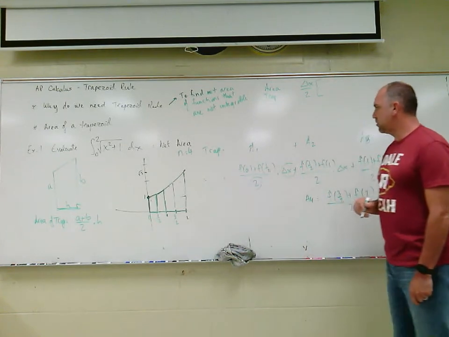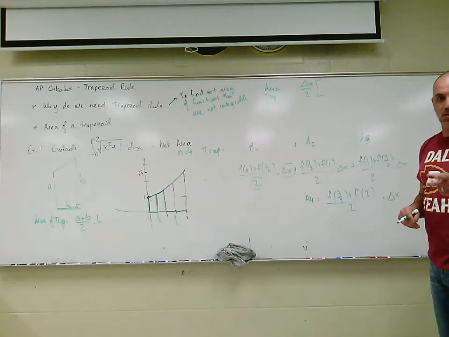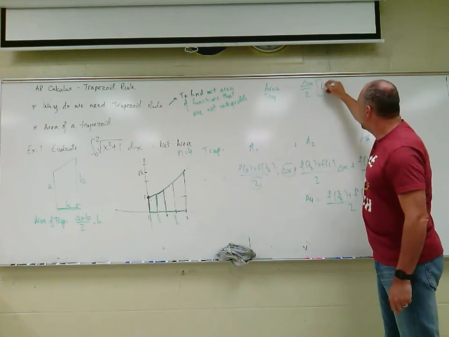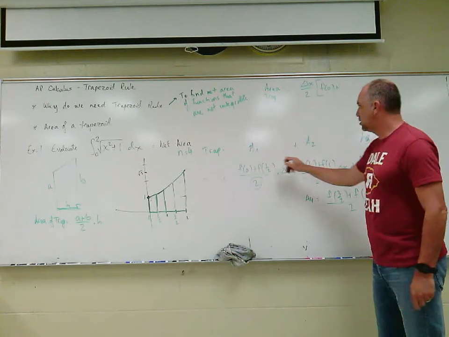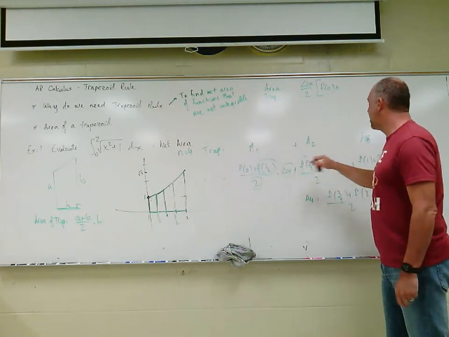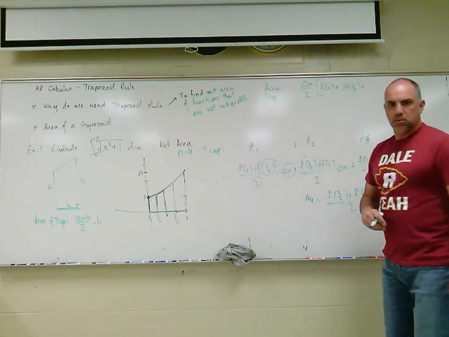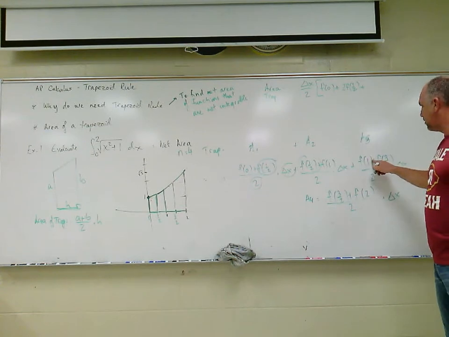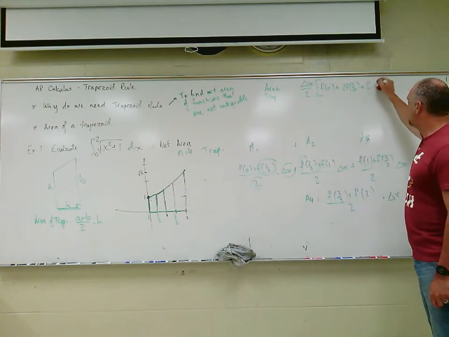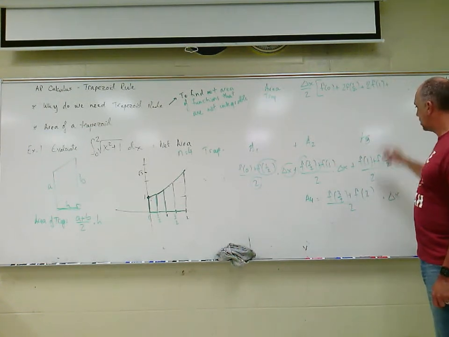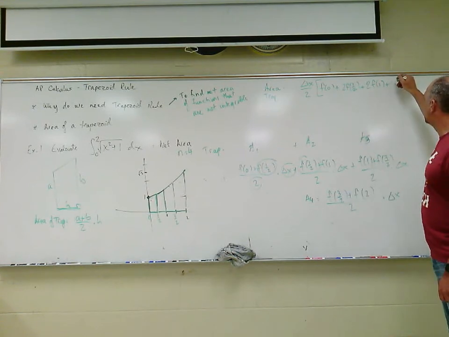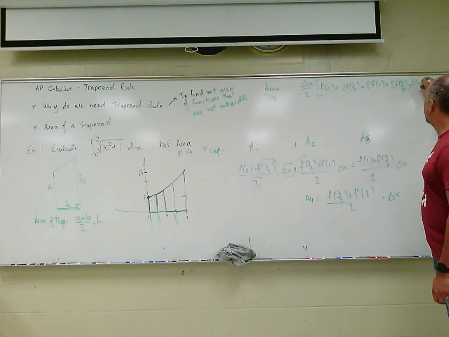Now what are we left with on the inside? Once I take those out, we're left with f of 0 plus f of a half, and f of a half, so 2 of those, plus 2 f of 1, plus 2 f of 3 halves, plus f of 2.